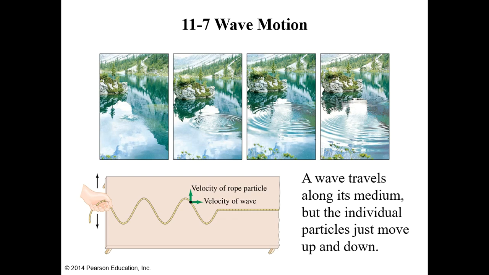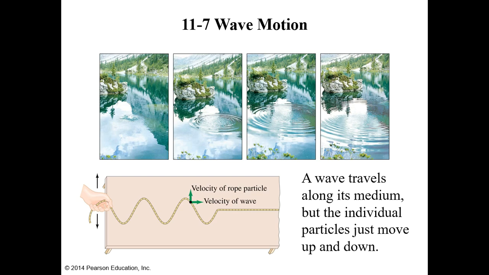And beneath that, you see a rope where someone is inducing an oscillation in a rope, and that pushes the rope forward along the rope. So that is an oscillation that is propagating forward. You have yourself a wave.